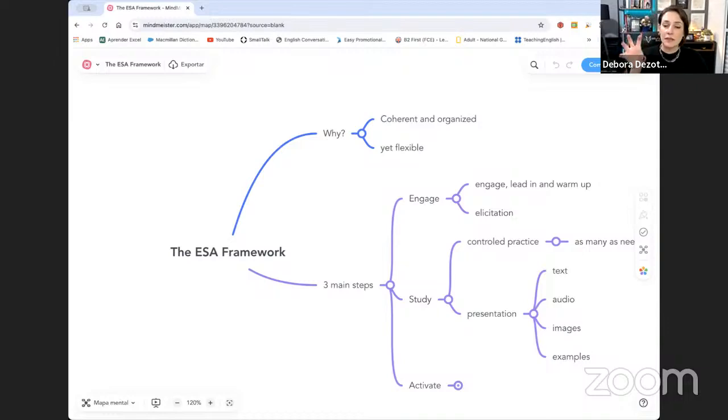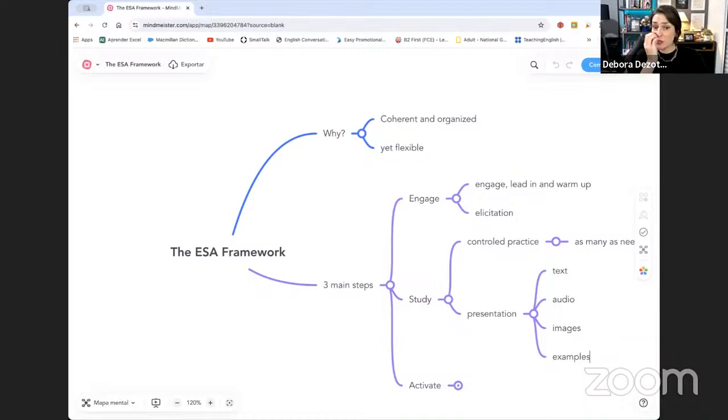And from these elements, you are getting the sample language you want to work with. You know, you are guiding your students into the understanding of what is going on. So they are involved all the time.